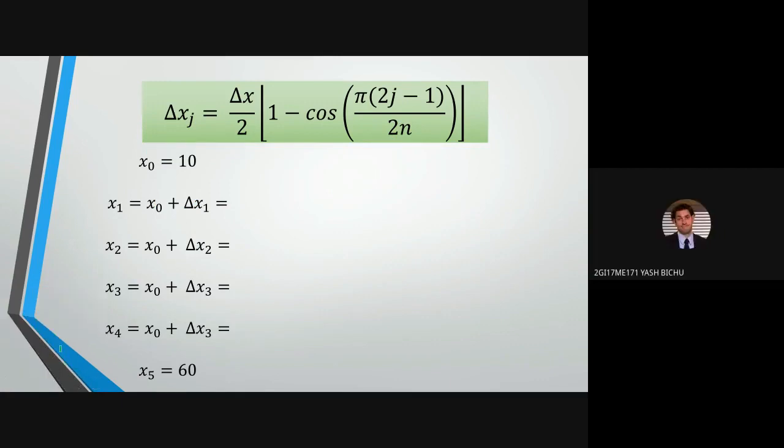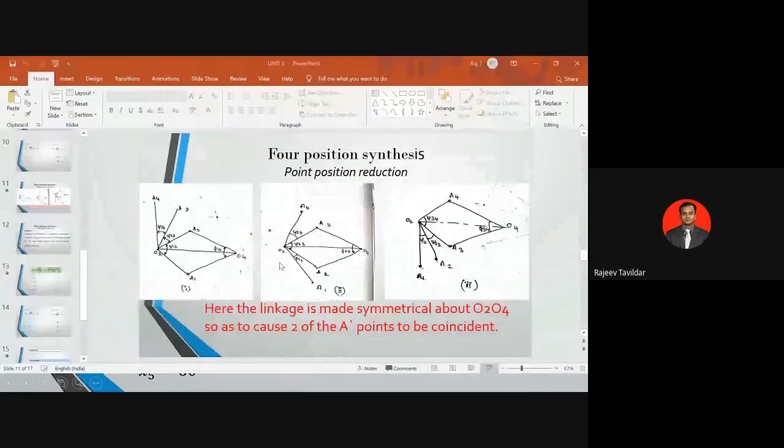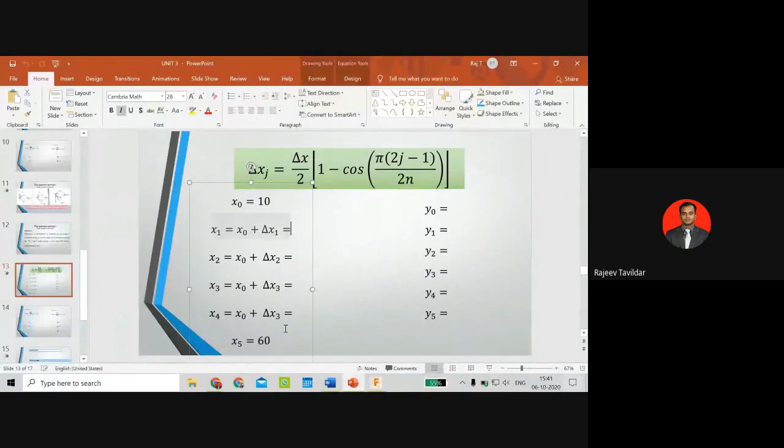So you're talking about delta x1, right? Yeah, x1 is 11.9. Okay, this is 11.9.